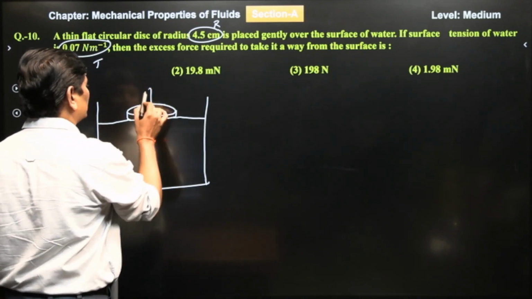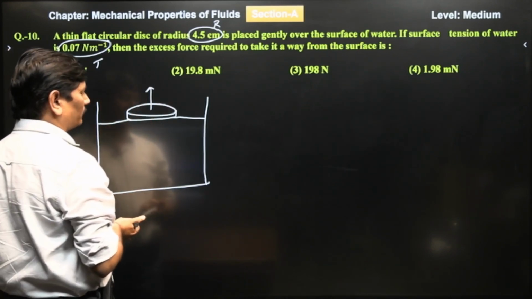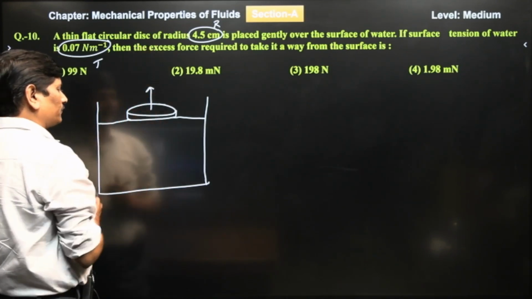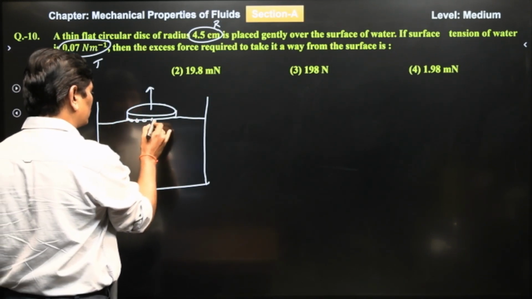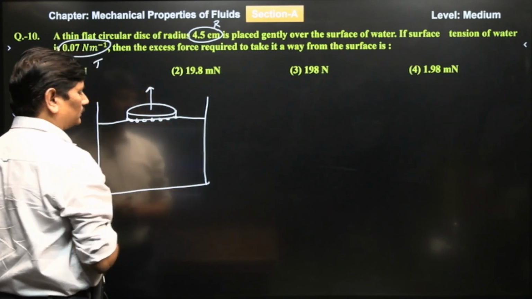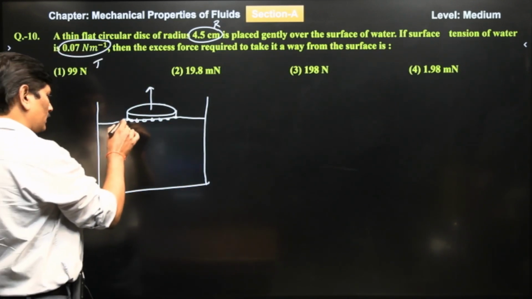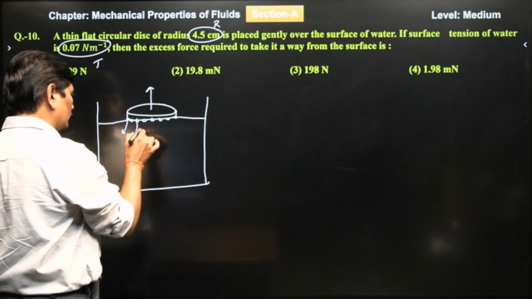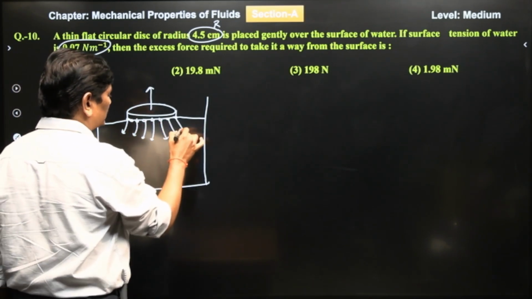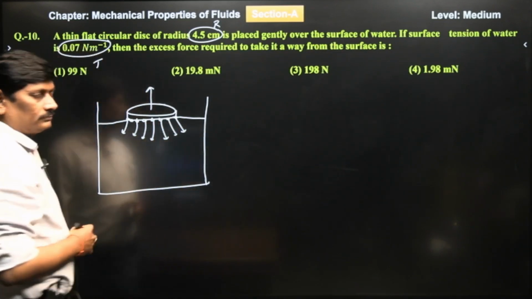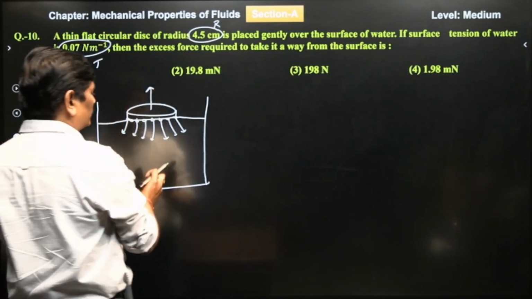When you move the disc away from the surface, the liquid molecules which are in contact try to pull that disc in the downward direction with their surface tension.